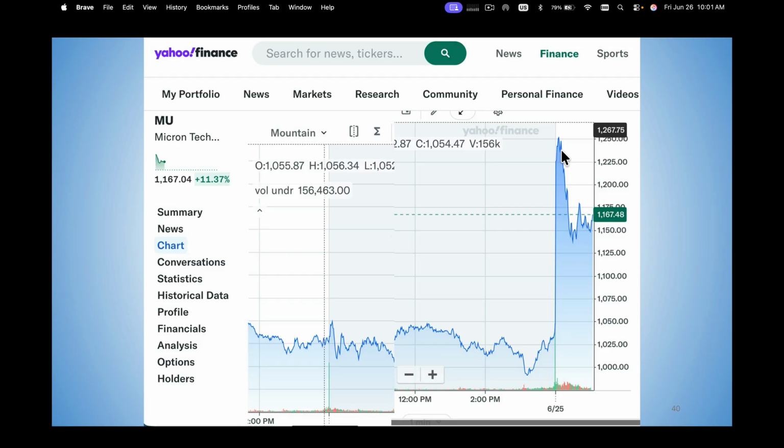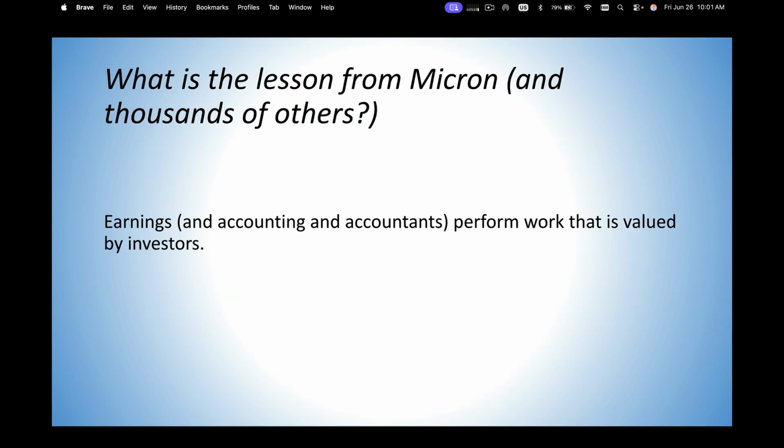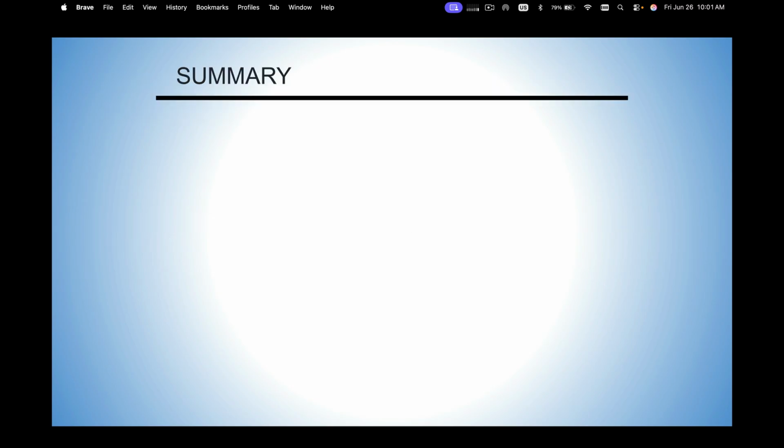What does this tell us? It tells us that people pay attention to the work that we do in accounting. It's valued by the stock market, helps people allocate their capital to the good companies and away from the bad companies.